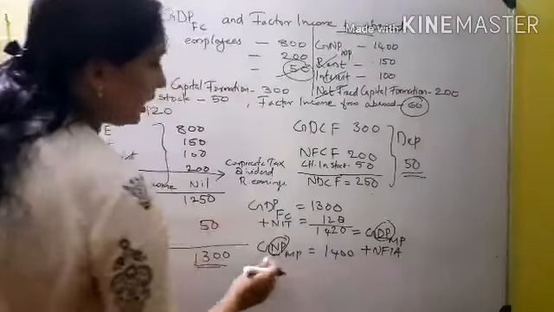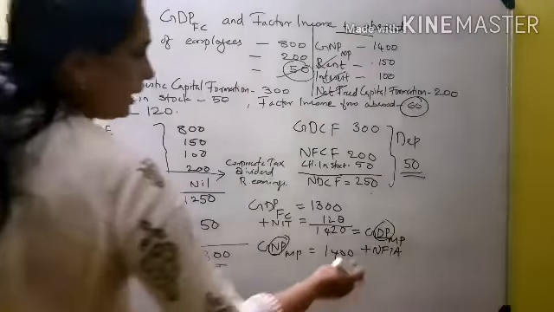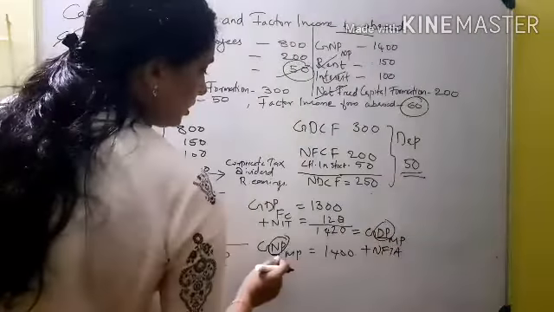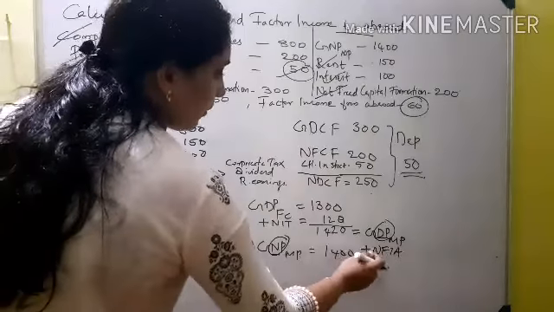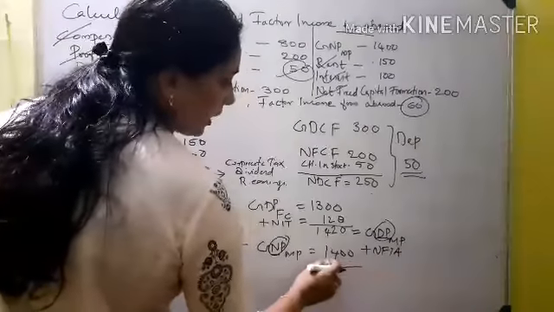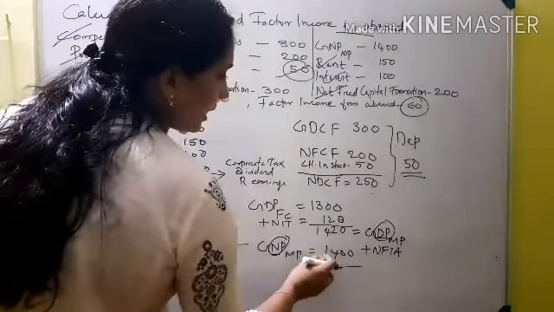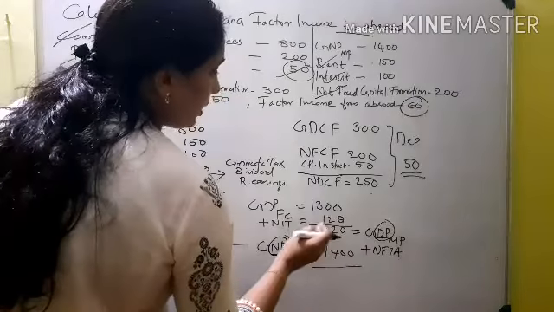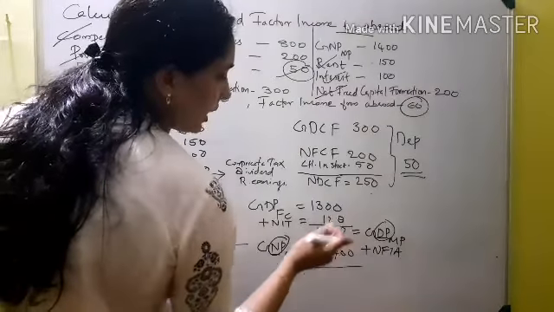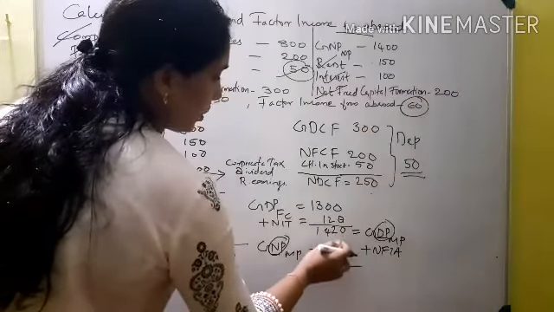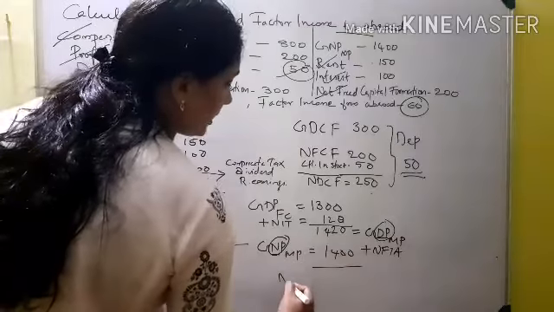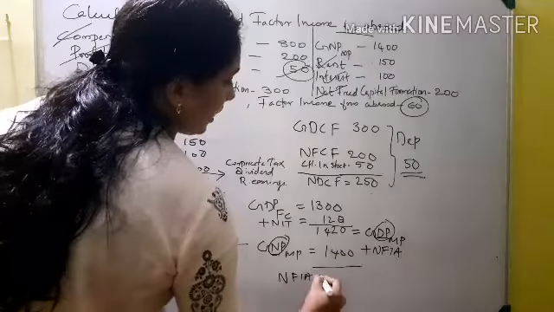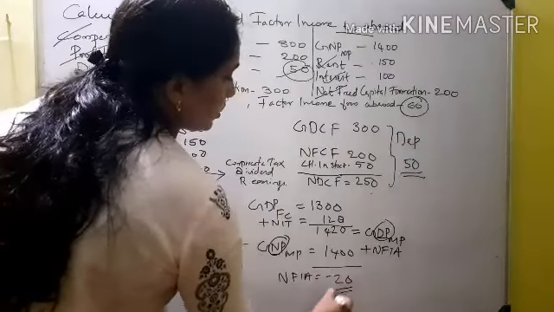National is 1400, domestic is 1420, so the difference is 20. That difference means NFIA is equal to minus 20.